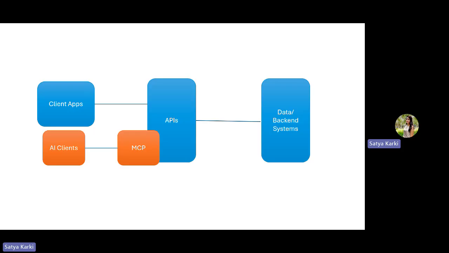And MCP adds the tricks to the AI client applications. For the AI applications, MCP sits between the APIs or the backend and the AI applications. AI clients call the APIs through the MCP server, or call the backend system through the MCP. And the API calls the backend system or databases.